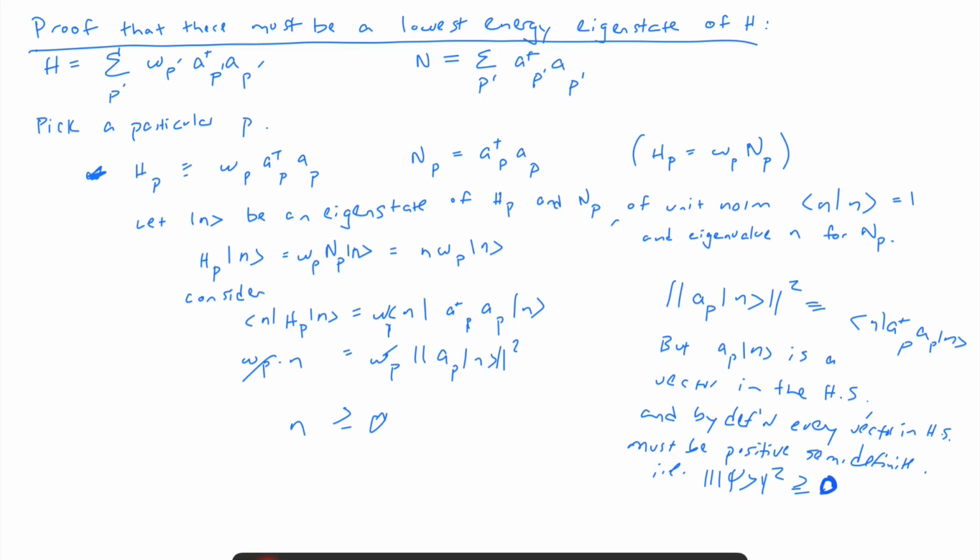And this is in particular one vector in the system. So that means that this quantity over here, which is this norm, has to be greater than or equal to 0, which means that n has to be greater than or equal to 0, which tells us that there has to be a lowest possible ground state, both in terms of the eigenvectors of the number operator and the Hamiltonian operator.